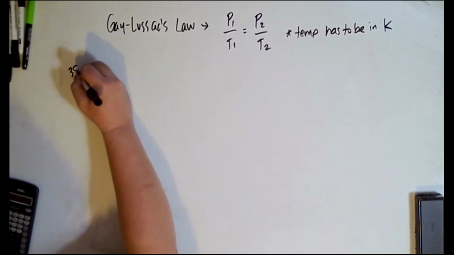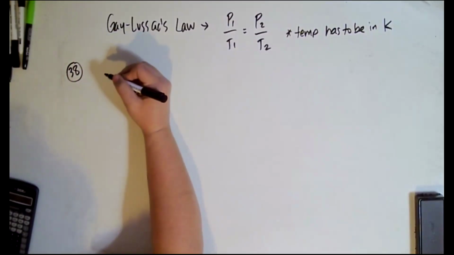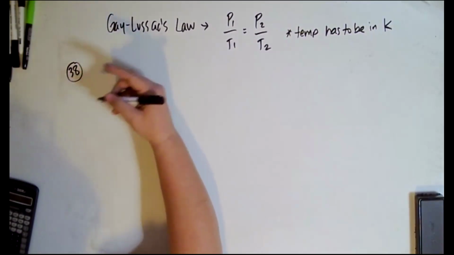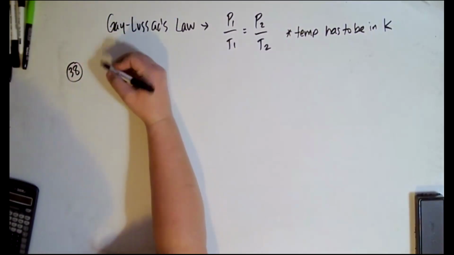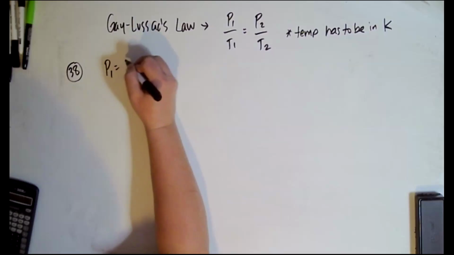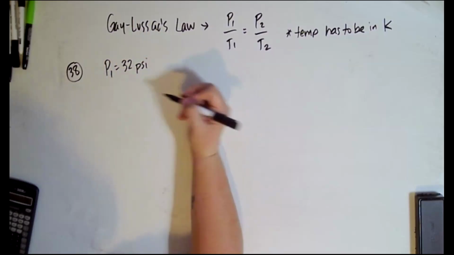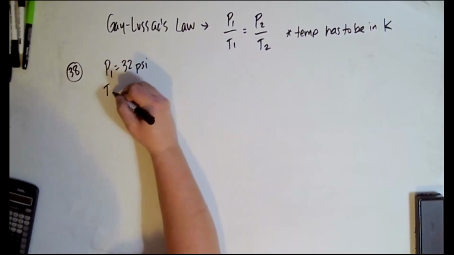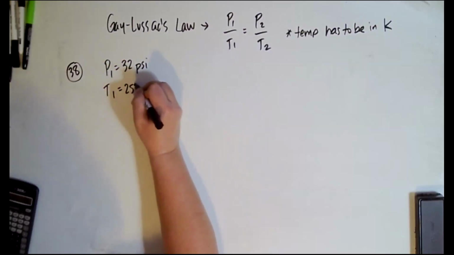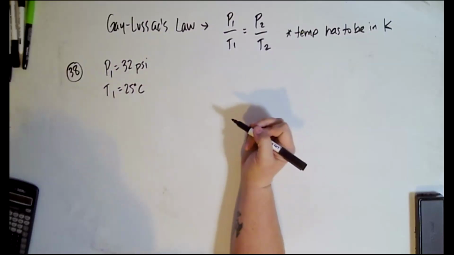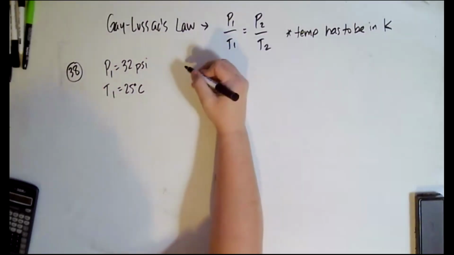So question number 38 tells us an automobile tire is initially at 32 psi. PSI is the pressure unit, pounds per square inch. And a temperature of 25 degrees Celsius. What is the pressure after 100 miles of driving?